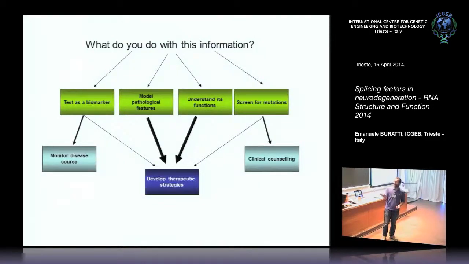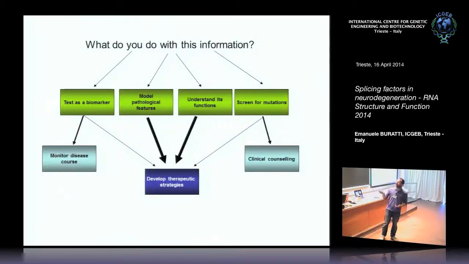A good biomarker is also very good when you test new therapeutic strategies, to see if they're effective or not. Once you have a name, you can also try to model the pathological features, and if you model successfully enough, you can use this knowledge to develop new therapeutic strategies. You can understand its functions, and when you know the functions, it's easier to try some new ideas.